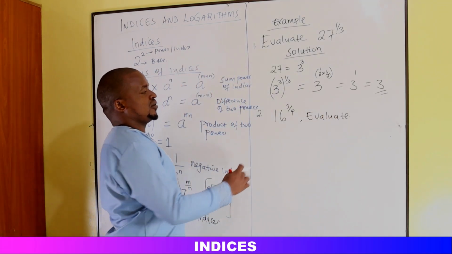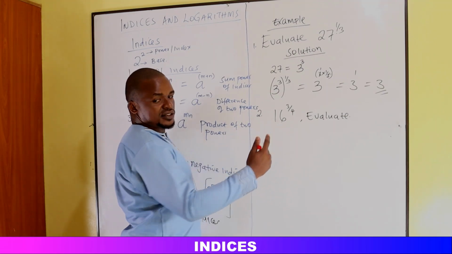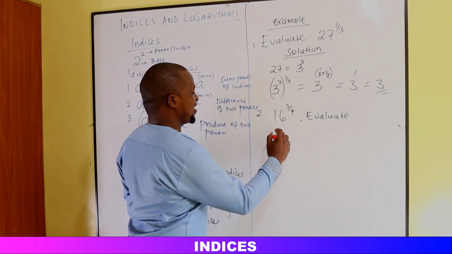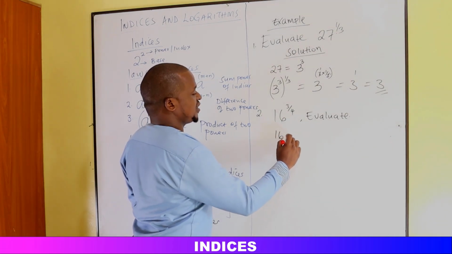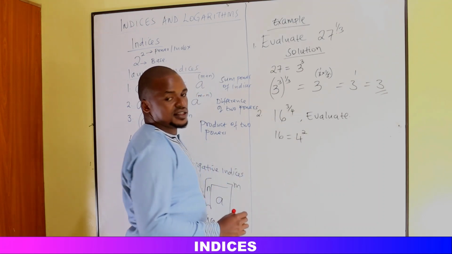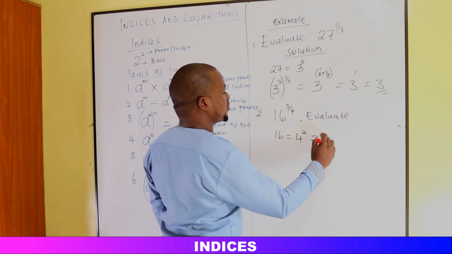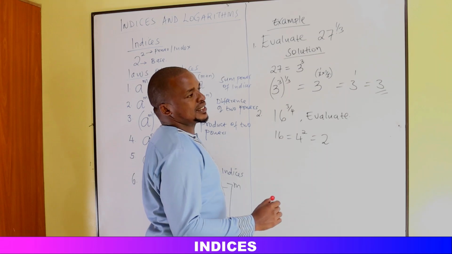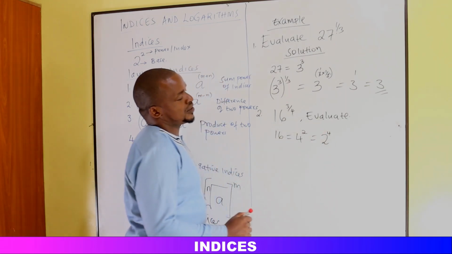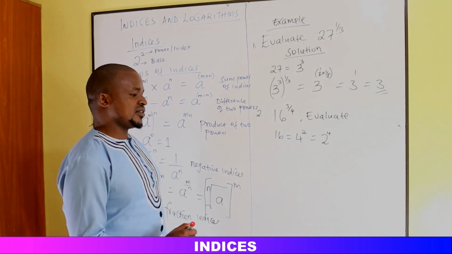As usual, you're going to write 16 in prime factors. So, 16 is the same as saying 4 squared, which is the same as saying 2 raised to power 4.